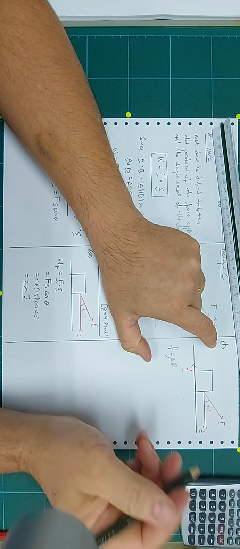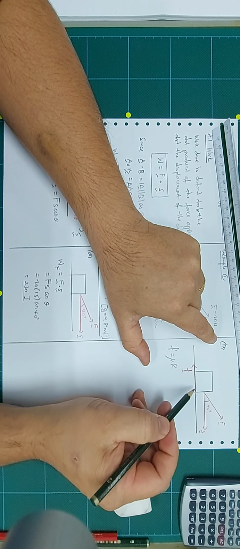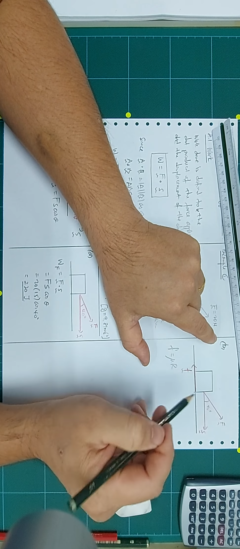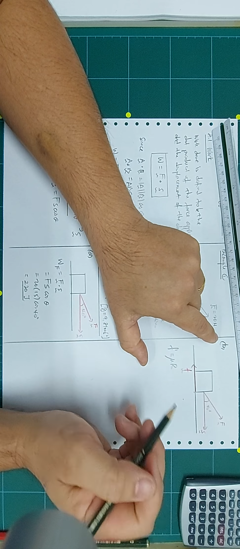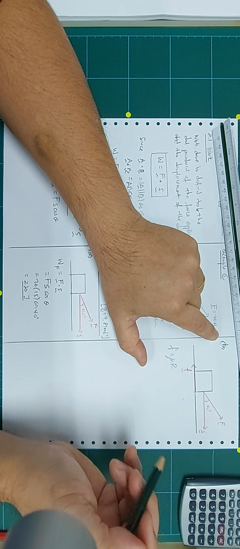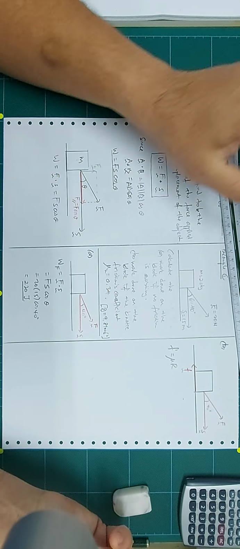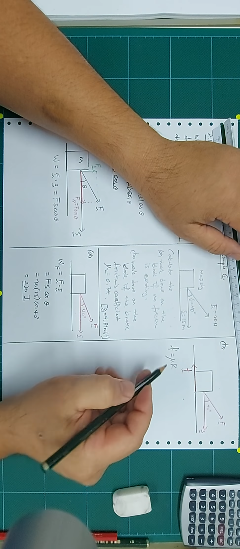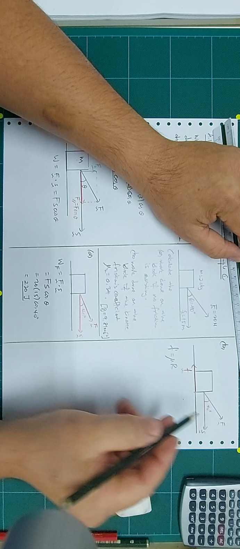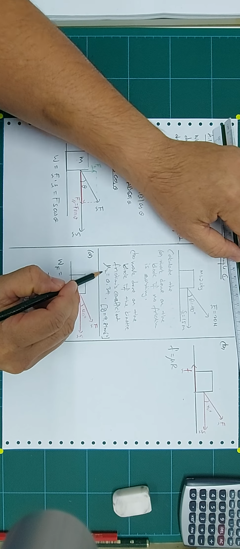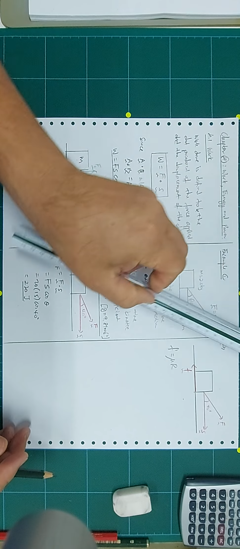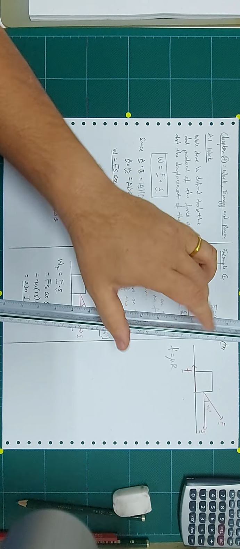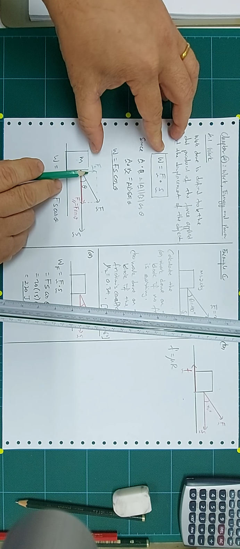But in this case, why do we use mu N? Because we know that the normal reaction must be perpendicular. Sometimes we use R because we're going to have an inclined plane. When it comes to an inclined plane, most of the time we use mu R. But this mu here is for when an object is moving, so it is mu k, kinetic friction. Now, other than that, we need to know something. Refer to this diagram.